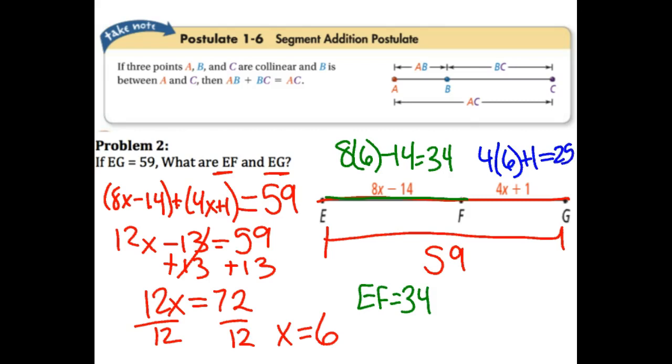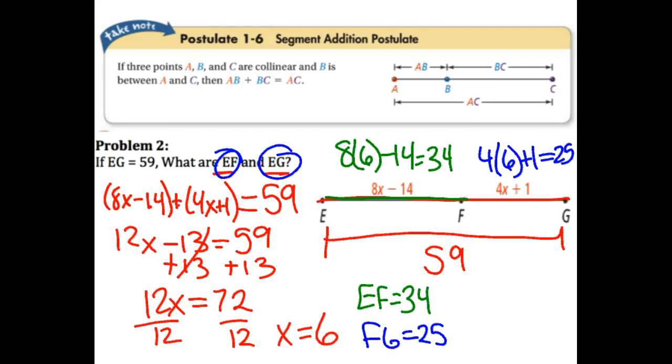Now, there is a way to check your work on this. In order to check your work, you can make sure that the two segments add up to be the whole segment. And if you're paying attention, you may have caught that I just made a slight mistake. The directions say EF and EG.